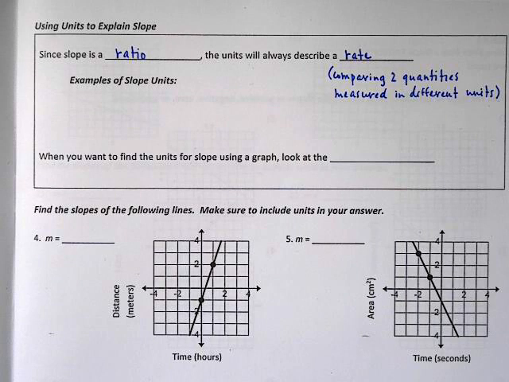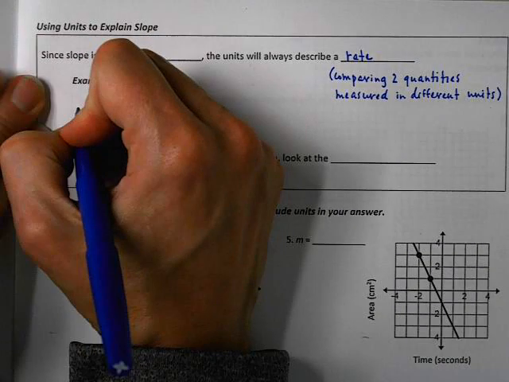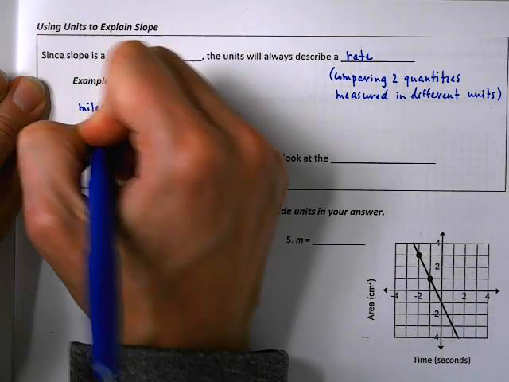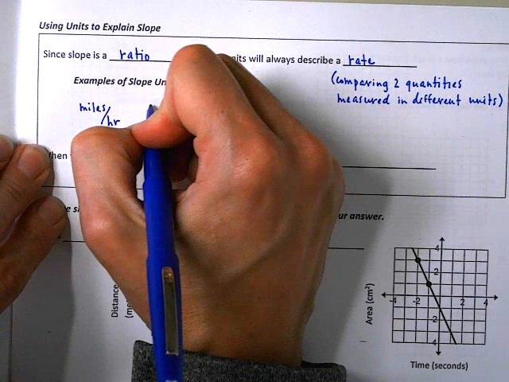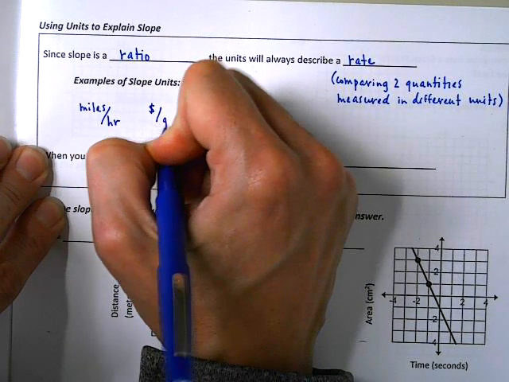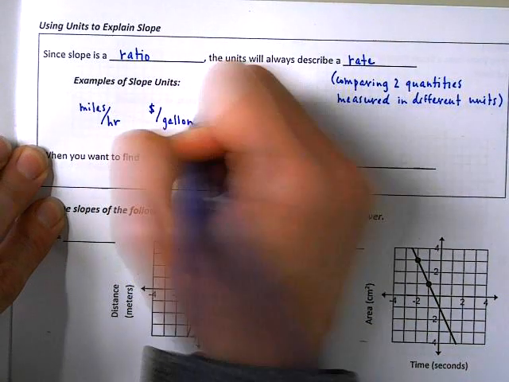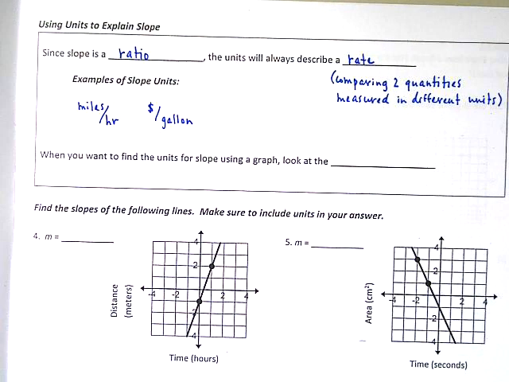So for example, slope units that describe the rate might be something like miles per hour, or maybe we have dollars per gallon, right? We're comparing two things that have different quantities.